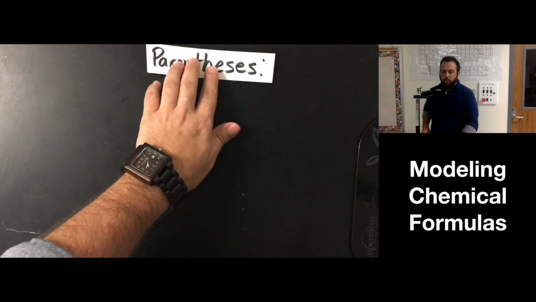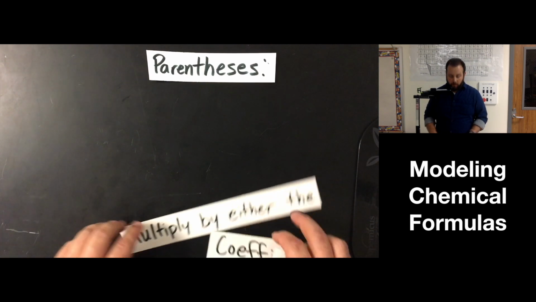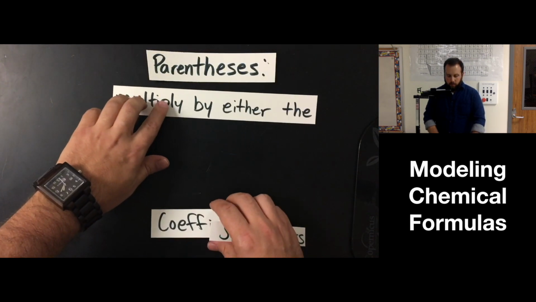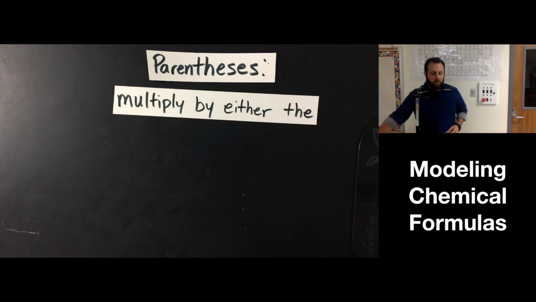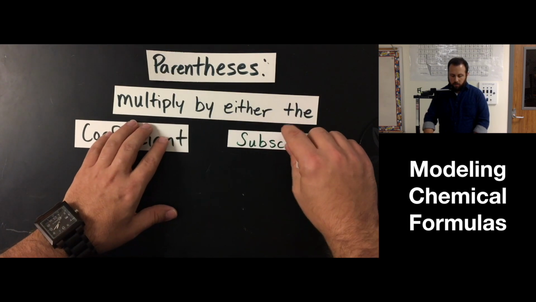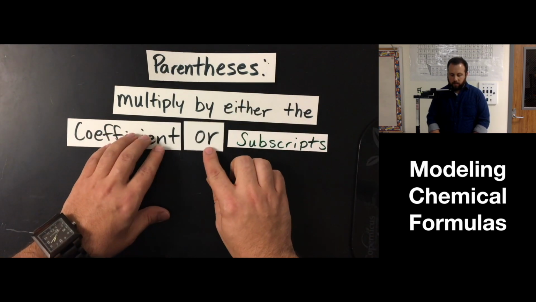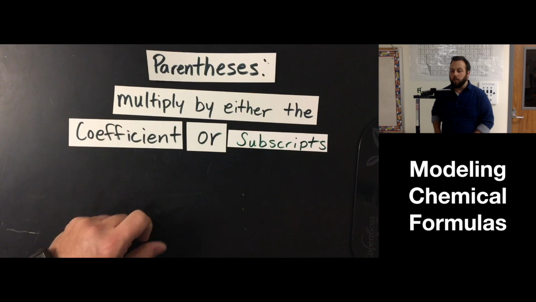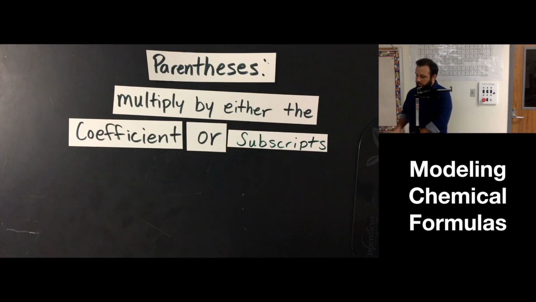And there's one more thing that we'll occasionally see, and those are parentheses. If we see parentheses in a chemical formula, that tells us to multiply by either the coefficient or the subscripts, in the case that there are any.